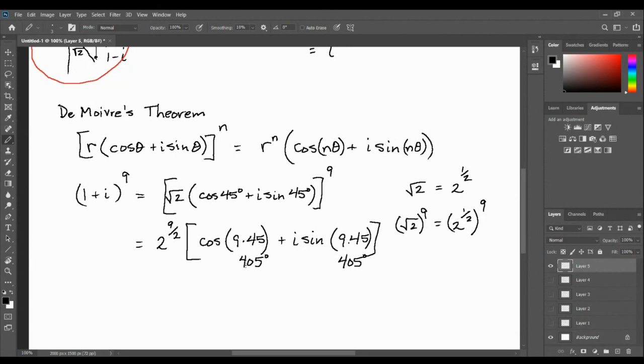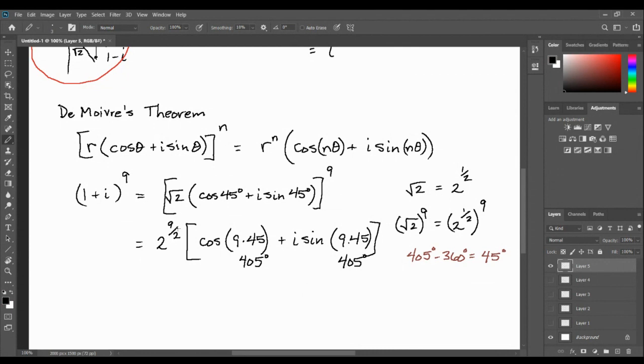And thinking about coterminal angles, choose this 405 minus 360 is 45. So just thinking about coterminal angles can make this a little easier.